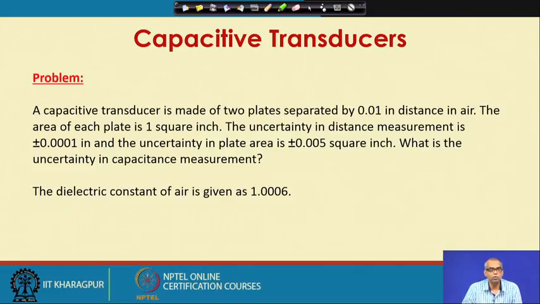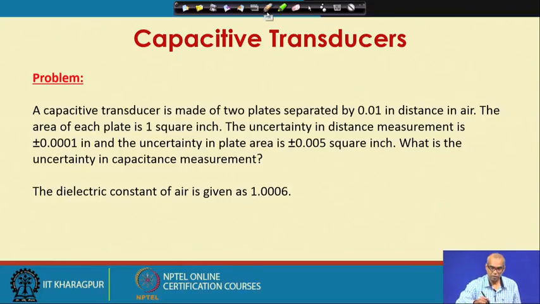Now, we have to calculate the uncertainty in the measurement of the capacitance. So, you have to now apply the computation of overall accuracy if the component inaccuracies or uncertainties are known. This is what we have discussed a few lectures back.